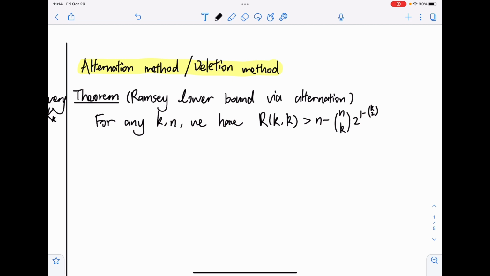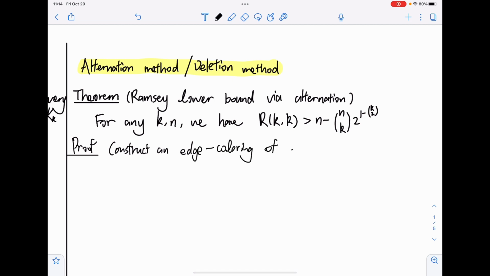And for the proof, following what I said before, first we do some construction. We'll construct an edge coloring of a clique in 2 steps.